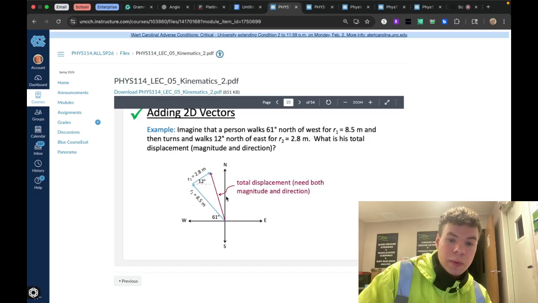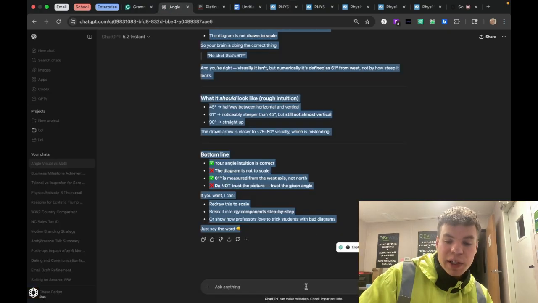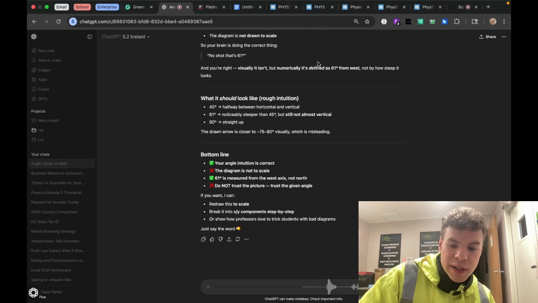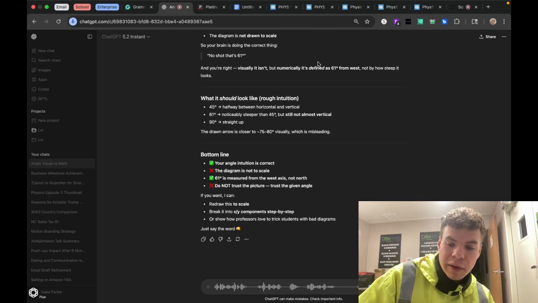So if this is 61 degrees north of west, literally the exact same angle would be 29 degrees west of north. We can even ask ChatGPT: is 61 degrees north of west the exact same angle as 29 degrees west of north? And if so, could you create a drawing of it? Because I'm confused.